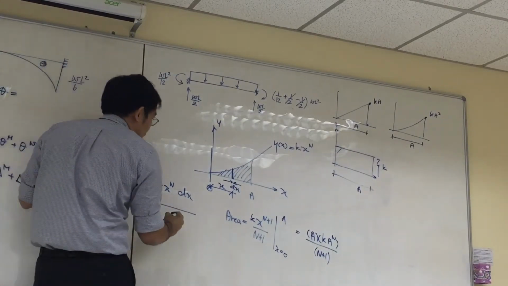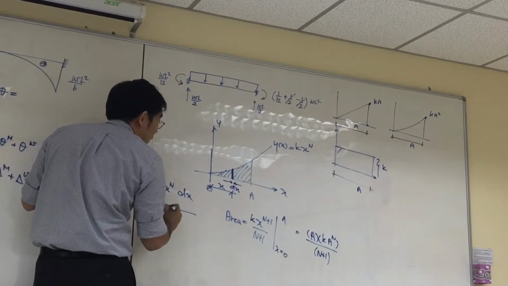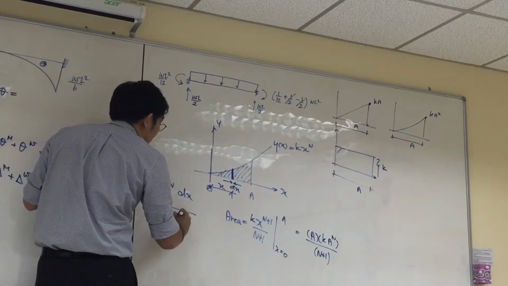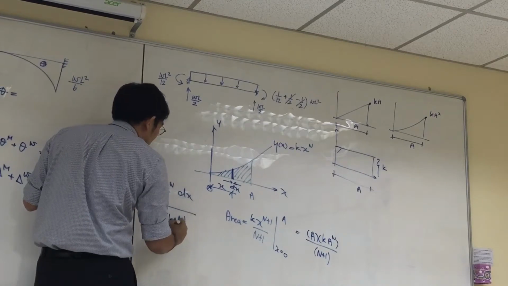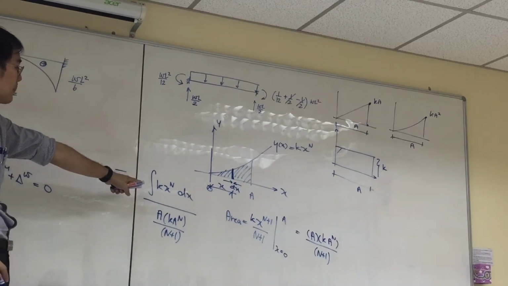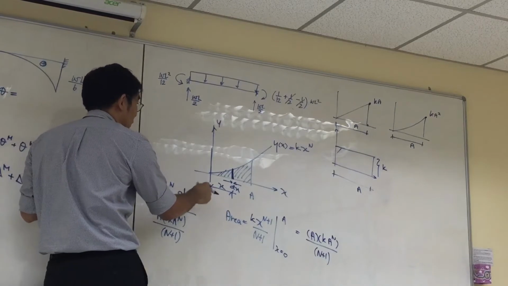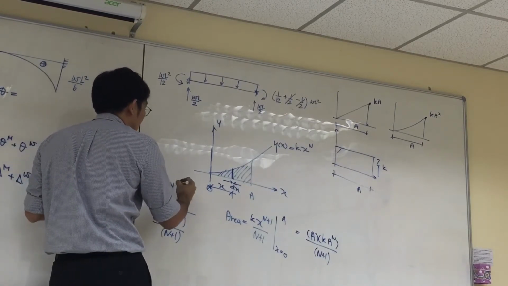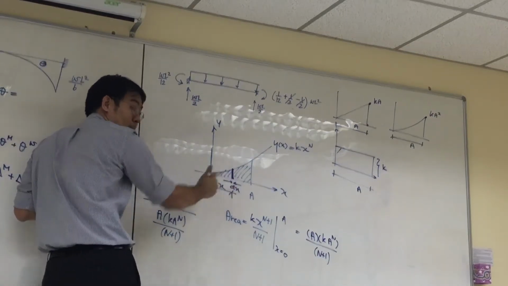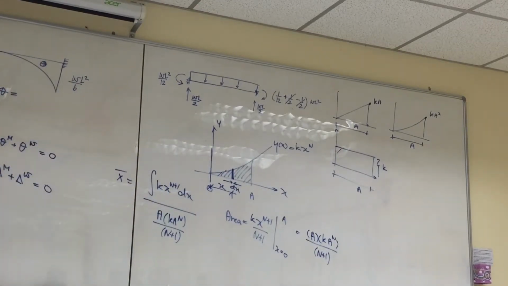So the area, which is given by ka to the n, divided by n plus 1, equals this one, right? Where is another x missing? kx to the n multiplied by x, so that will be n plus 1.